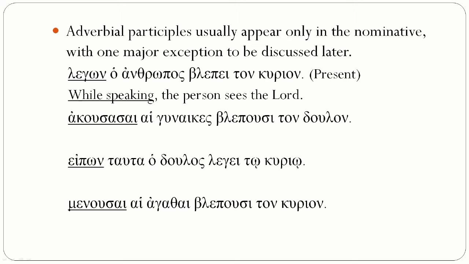Notice there are two verbal ideas here, speaking and seeing. The person is doing both of them. And how do we know the relationship between these two verbs? One is coming first and one is coming second. Well, they're both happening at the same time, because you have a present participle that tells you that the speaking and the seeing is happening pretty much at the same time. While speaking, the person sees the Lord. And you know it is while, you know it's happening at the same time, because of the present participle.